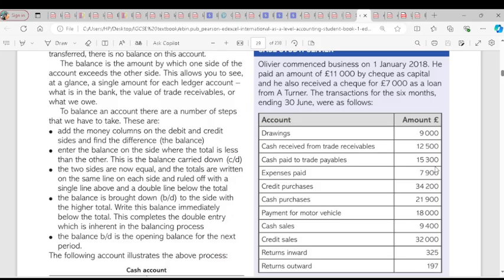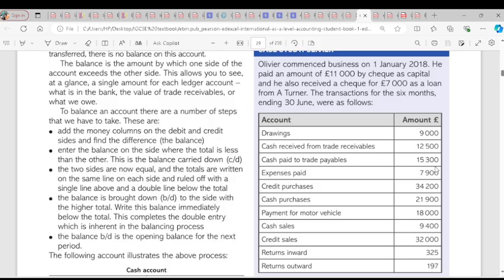The details are going to be bank, then we have 9,000. And then you're going to write it on the credit side of the bank. So for drawings we have a debit entry, with bank in the details, and in our bank account we're going to have it as a credit entry, 9,000. I think it's clear.